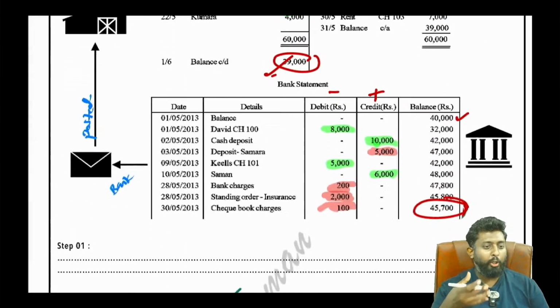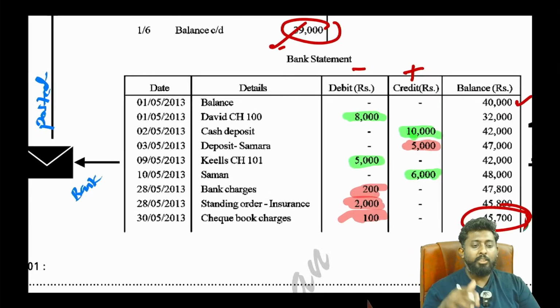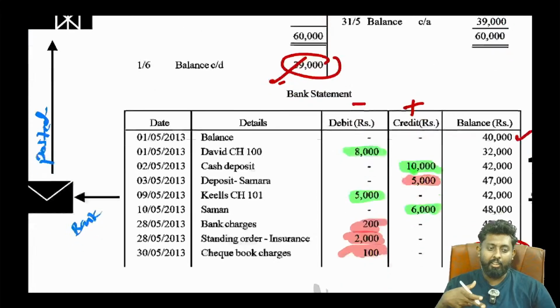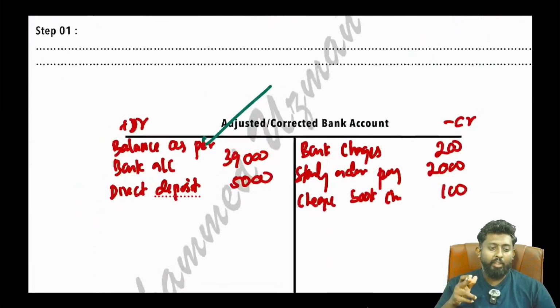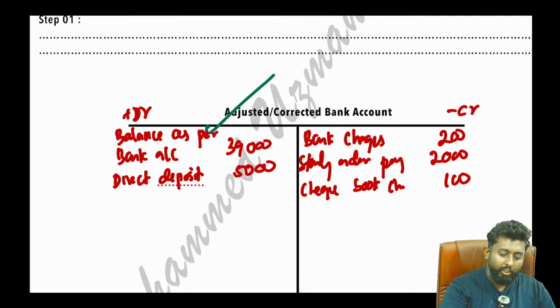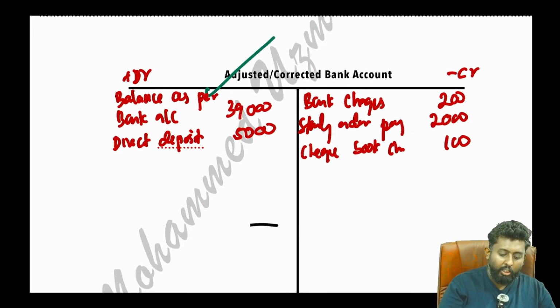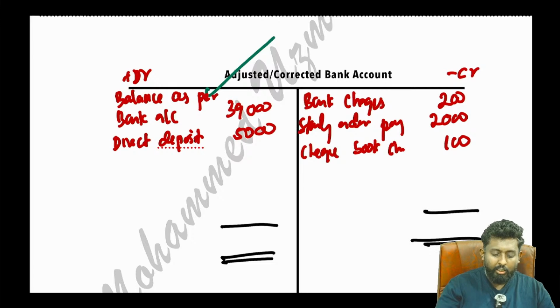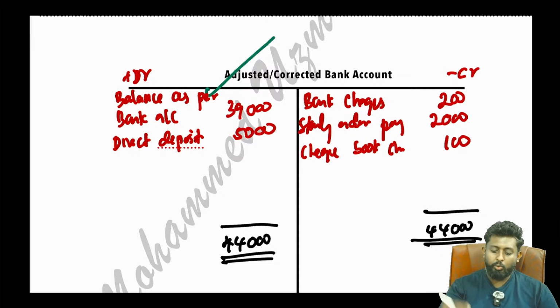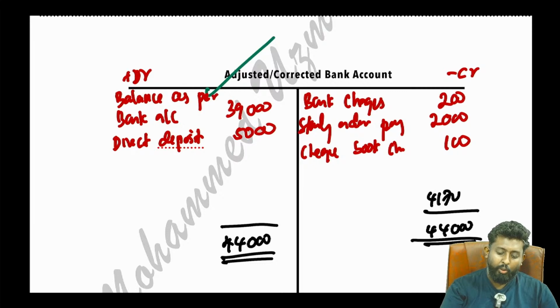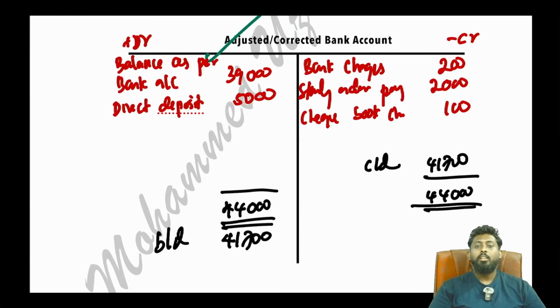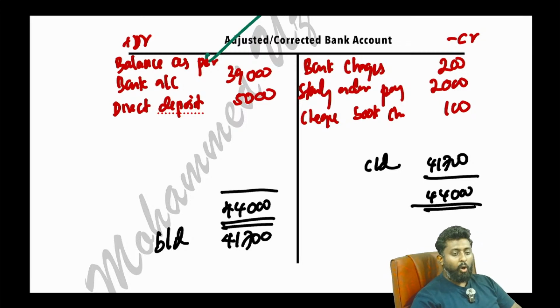According to us, it was 39, because we missed the items highlighted in red. Now we have adjusted those things. Now let us calculate the correct or adjusted bank account balance. 39 plus 5 gives me 44,000. I have to minus 2,300, so 41,700 carried down and brought down 41,700. Now this balance is known as the correct balance, or the adjusted balance.